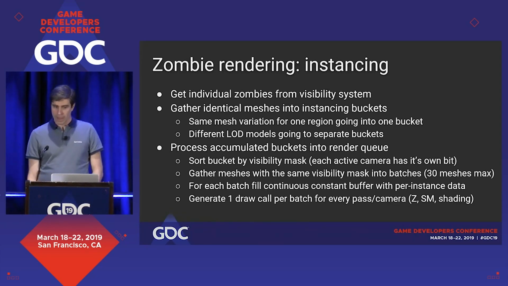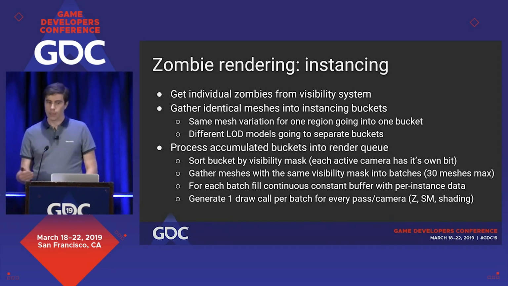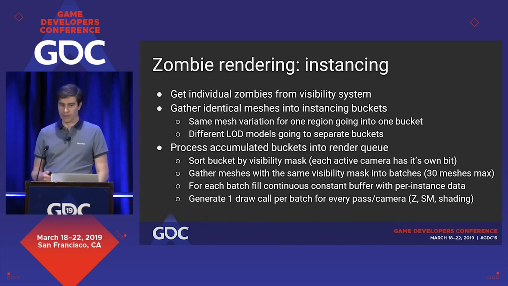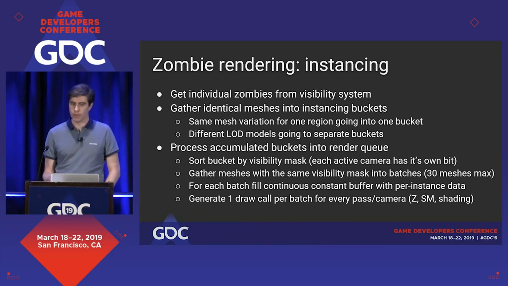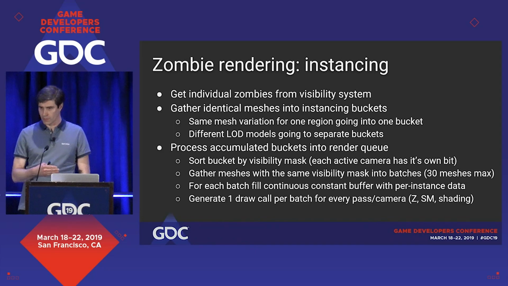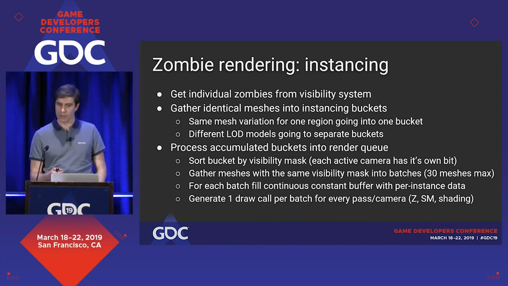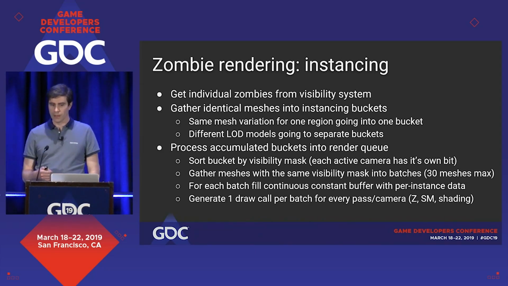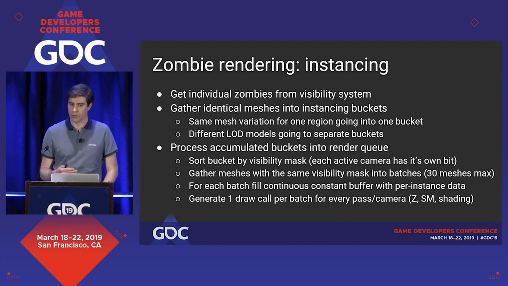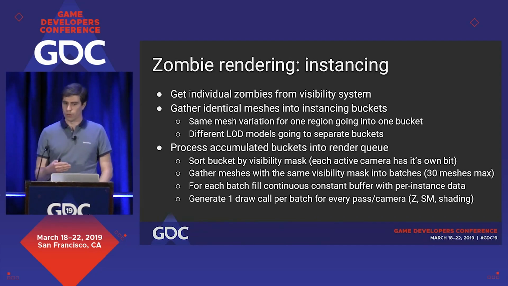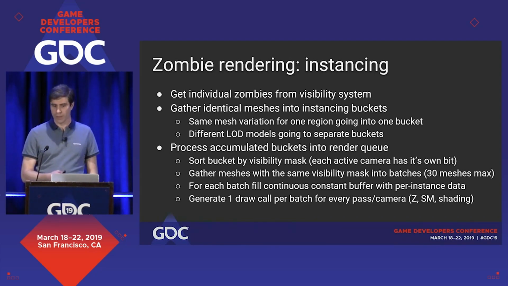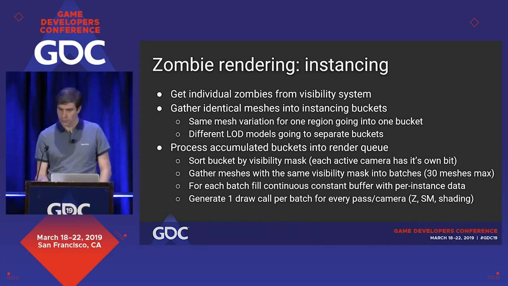Then after that, we gather identical meshes with identical visibility masks into batches, and for each batch we fill constant buffers with instancing data. Then for each batch we generate several draw calls and put those draw calls into our render queue. Draw calls for Z-pre pass, for shadow map pass, or for shading, or for distortion, for example.